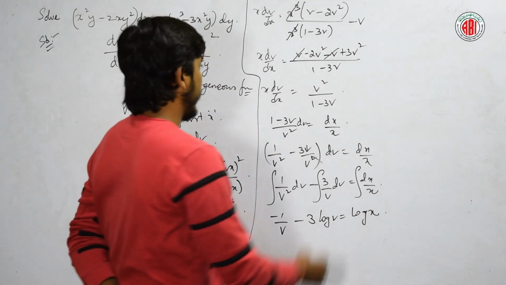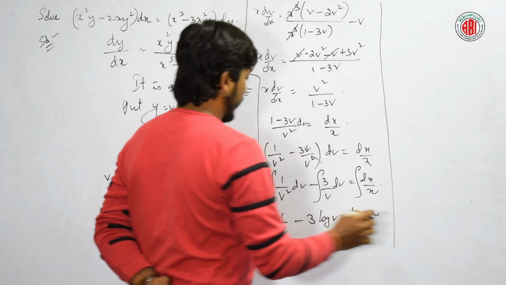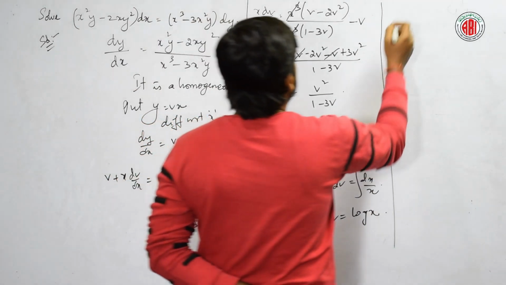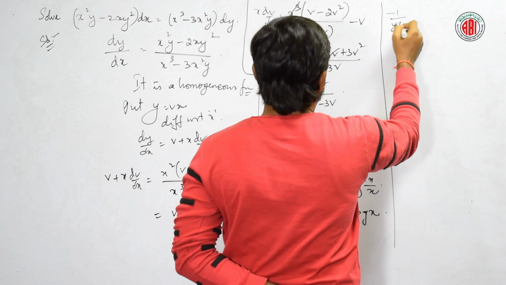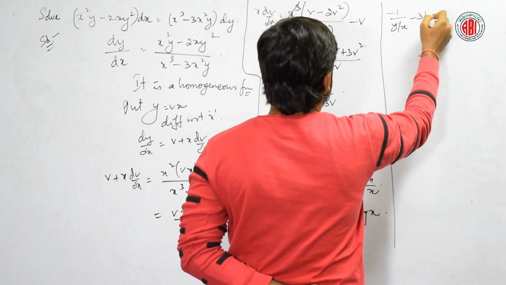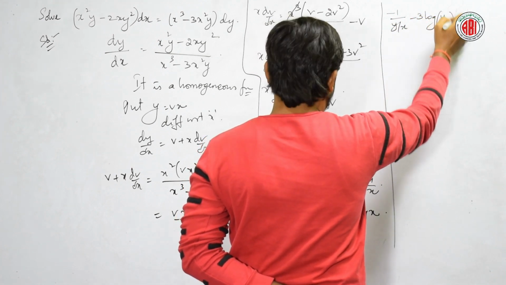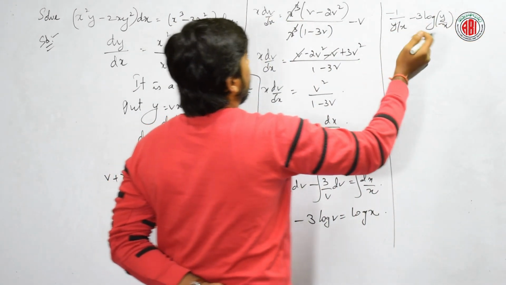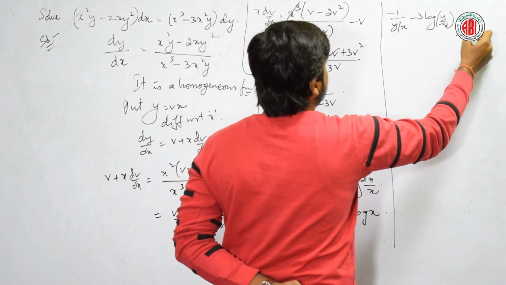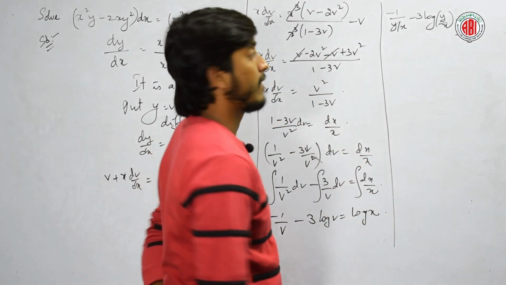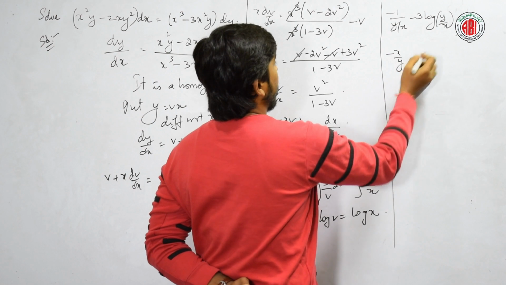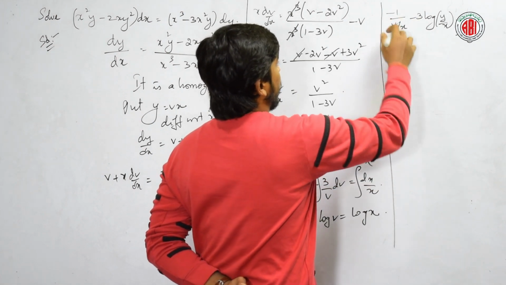Right? Let me separate all the terms together. What is v? Y by x. It is minus 1 by y by x minus 3 log y by x is equal to log x plus c. Is it? Now let me simplify all together. This is minus x by y. Yes or no?